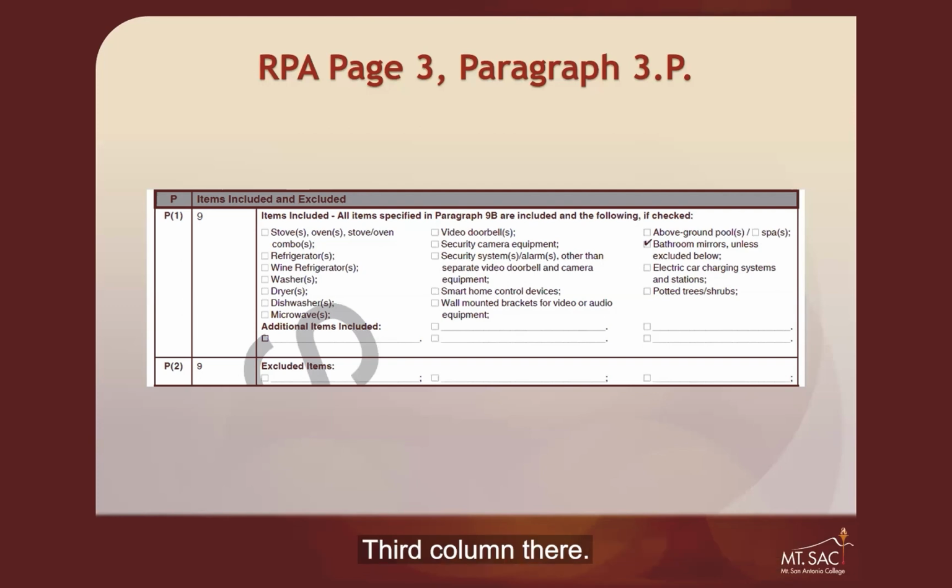New change, third column there, last item, wall mounted brackets for video or audio equipment. Okay, so they are not included. That means the seller can remove the bracket that the TV is mounted to the wall. In the current agreement, the bracket stays unless the box is checked, then the bracket can be removed.